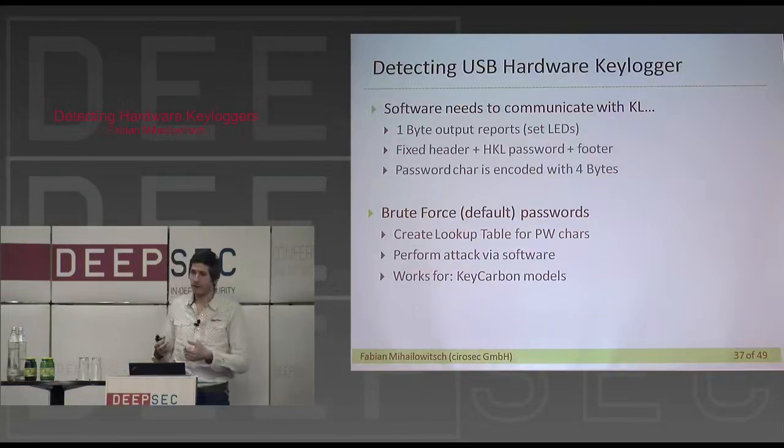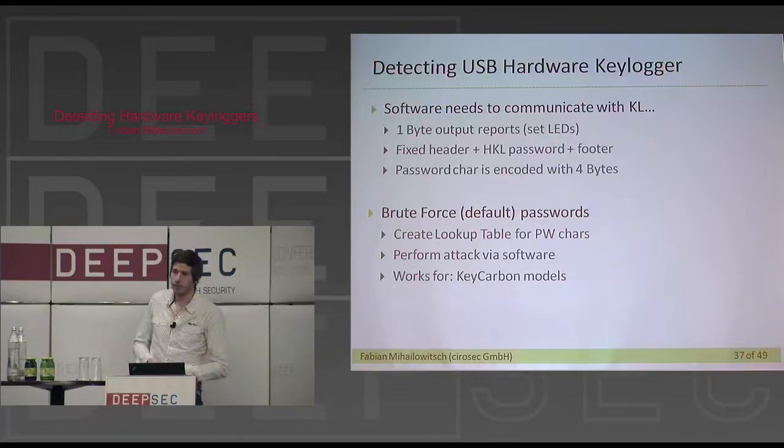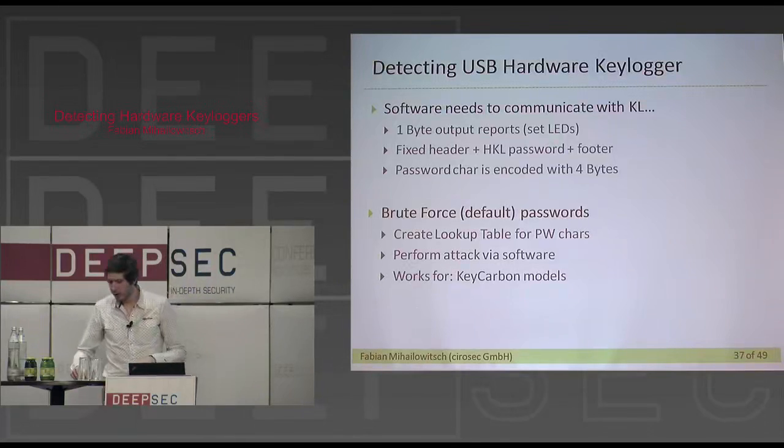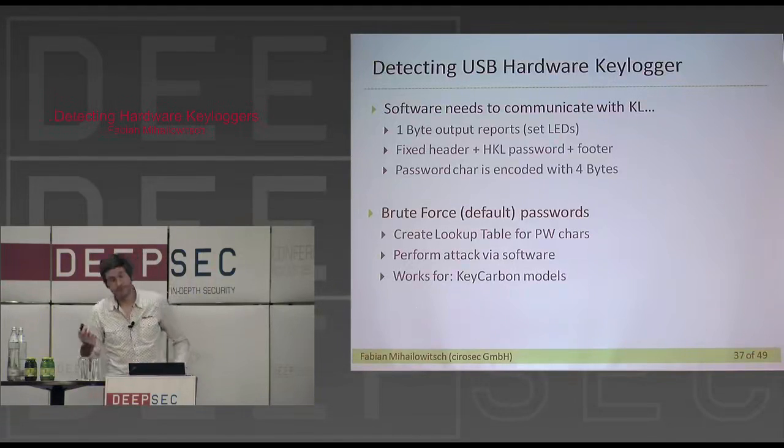So you have the header, you have the footer, and you can create a lookup table for the password characters and brute force the model via software, basically. And it works, but it just works for Key Carbon models, since it's the only vendor I found that actually provides a software to read out the keystrokes.